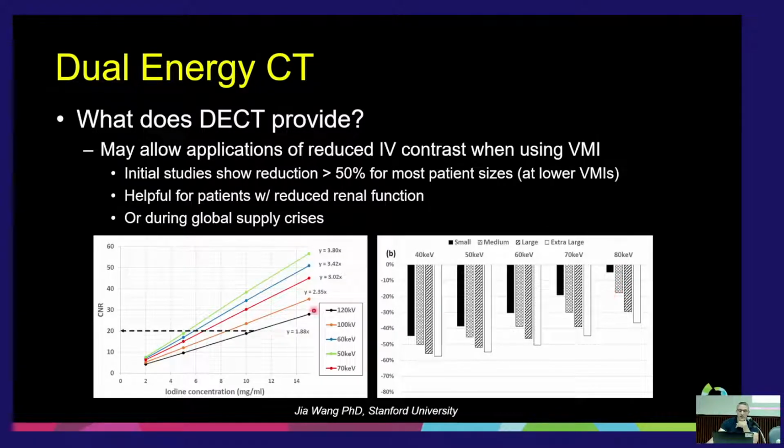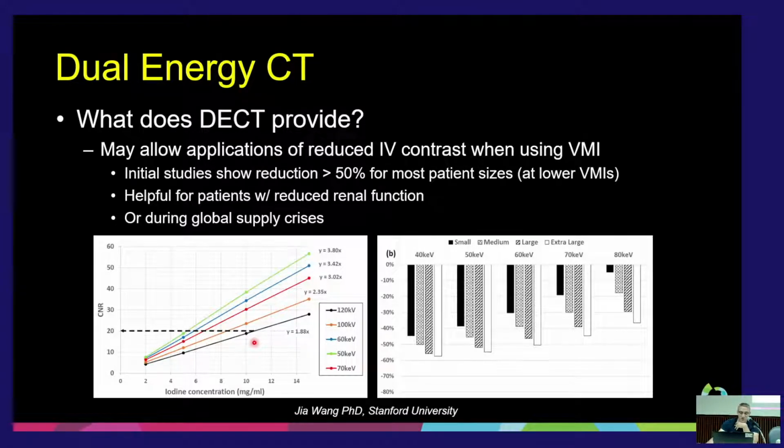What we found, in a similar fashion as I demonstrated in my last talk, is that if you have your iodine concentration along the x-axis and you want equal contrast to noise ratio, you can then switch from the black line, this is 120 kV, if that was your default from your original non-dual energy.